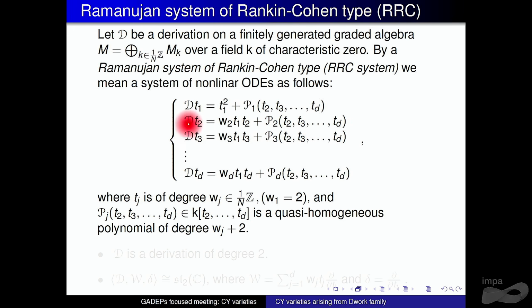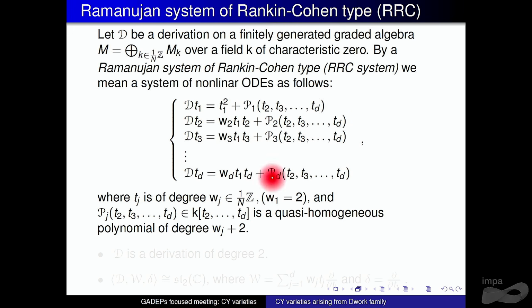Then for the rest of them, we always have the derivation of Tj equal to Wj times T1 Tj plus a polynomial. Here W2, W3, and Wd are the degrees of T2, T3, and Td. And the polynomial has degree Wj plus 2.